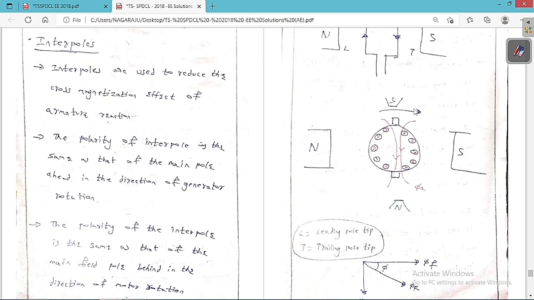If I am rotating the generator in this direction, the polarity of the interpole is the same as the polarity of the head of the main field pole. So the polarity of the interpole is the same as that of the main pole head in the direction of generator rotation. So this is the concept regarding the generator.